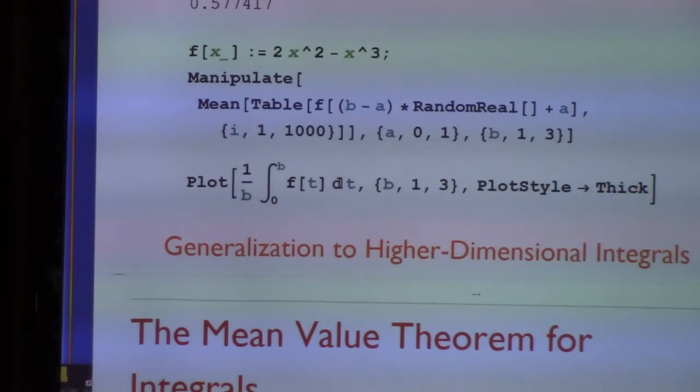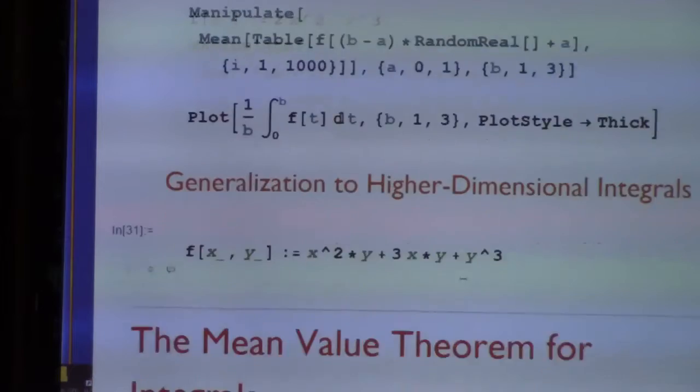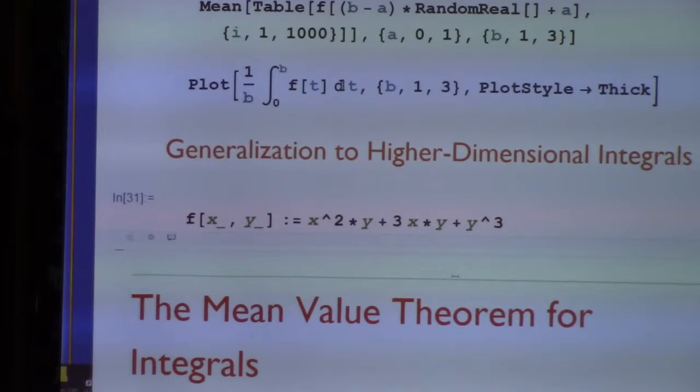Let's consider a function of 2 variables. How about x squared times y plus 3x times y minus y cubed. Actually, let's do plus. There's a function of two variables.